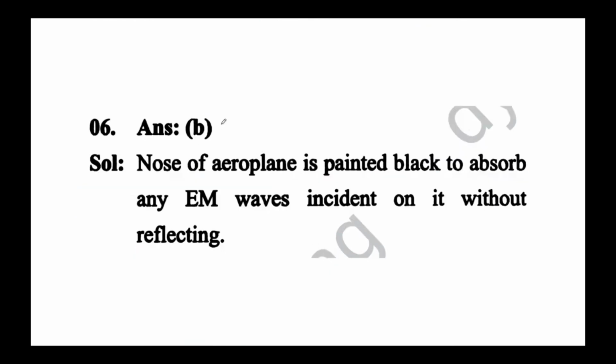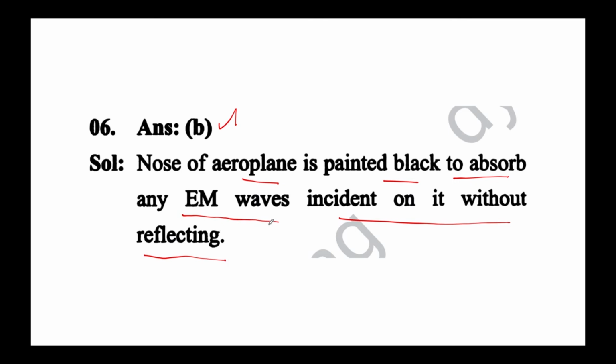So the correct answer is option B. See, the nose of the aeroplane is painted black, but the reason for which it has been painted black is to absorb all the electromagnetic waves incident on it without getting reflected, so that for communication and such things, everything will be absorbed, and it will be very helpful.